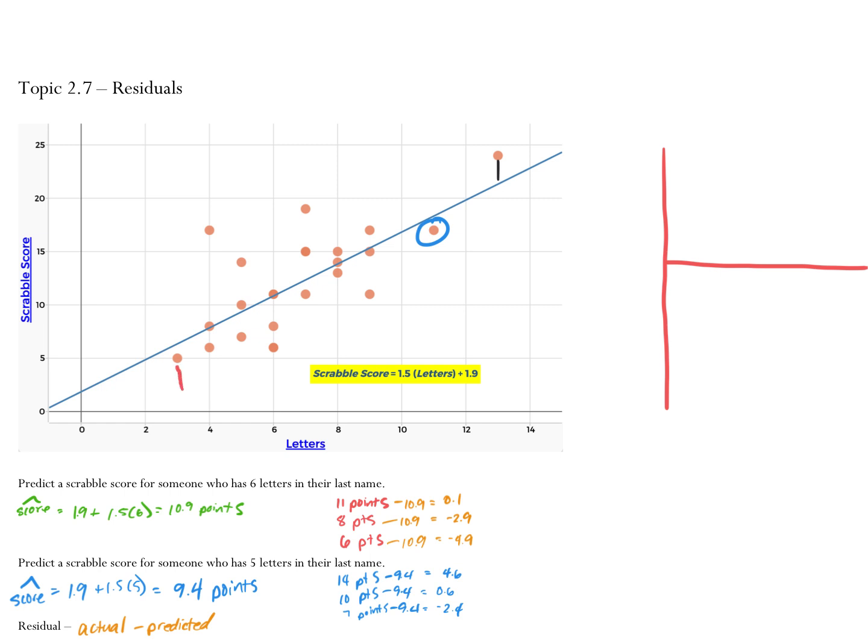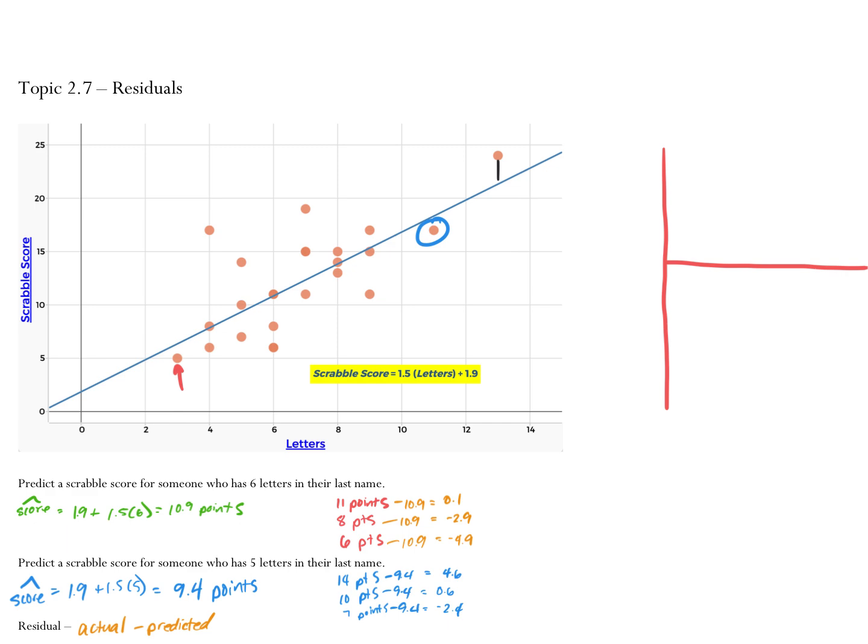if I think through this point, what do we know about that point right there? What do we know about its residual? It's slightly below the line, so its residual would be negative because it's actual minus predicted. Yep, everything below the line has a negative residual.